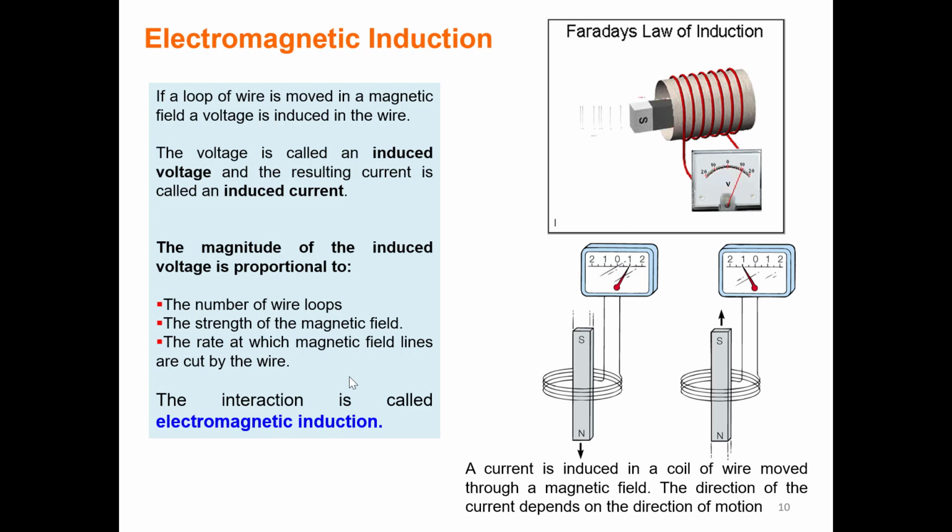Also, the direction of the current depends on the direction of the motion, as we can see here. This interaction is called electromagnetic induction and is explained by Faraday's law of induction.